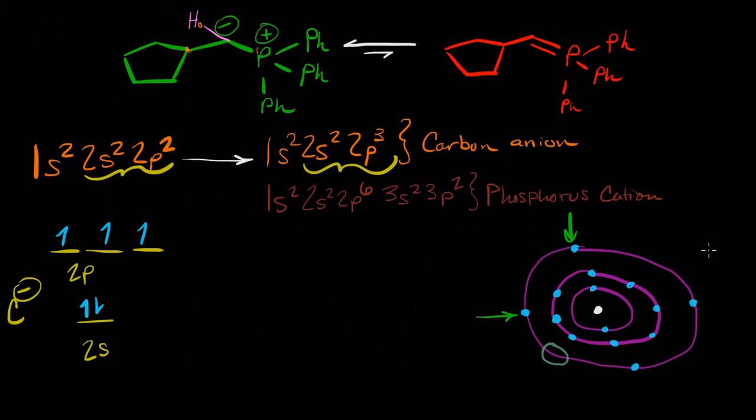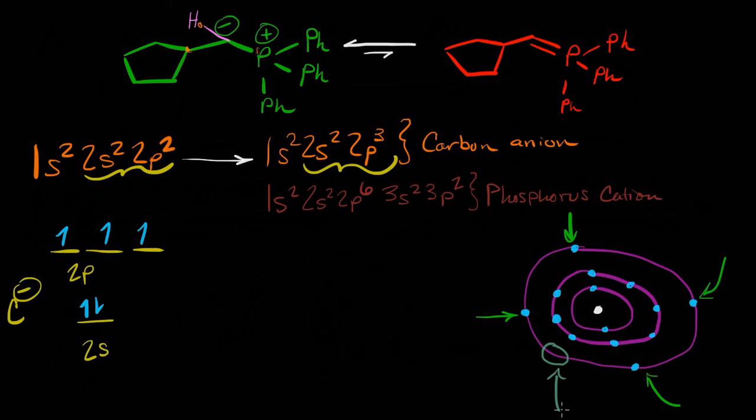And then we have 2 more electrons from our 3p2, maybe this one and this one. But we know phosphorus really wants to be 3s2 3p3, and so we are obviously missing an electron, so that's what I've circled right here.